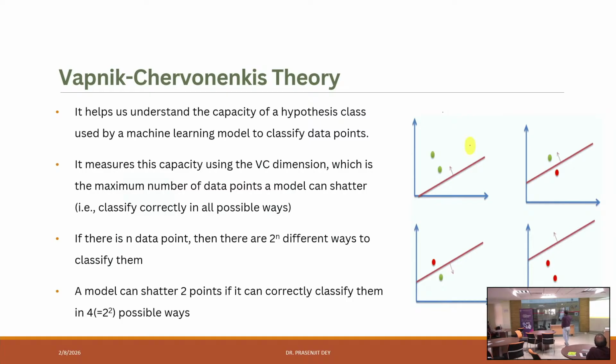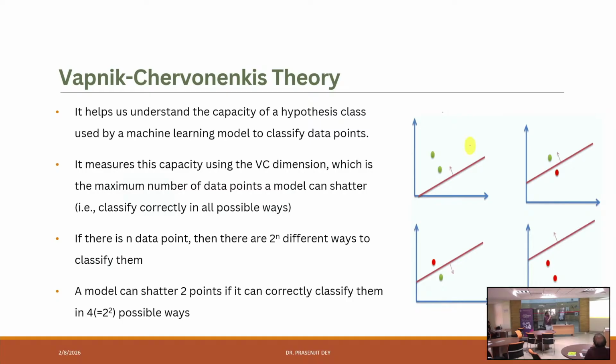So the possibility may be both belong to class 1, both belong to class 2, or the first one belongs to class 1 and the second one belongs to class 2, or the second one belongs to class 1 and the first one belongs to class 2. As there are 2 data points, 2 to the power 2 possibilities are there by which I can separate these 2 data points.